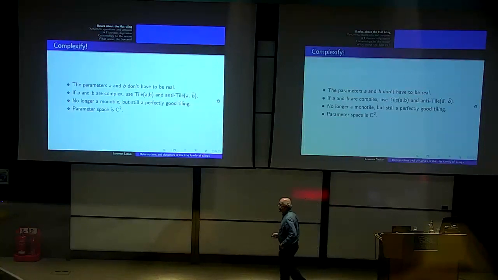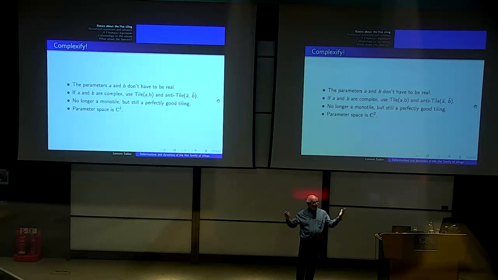Now there is one hitch there. If I use tile AB, then for the other-handedness, I can't use the reflection of tile AB. I have to use the reflection of tile A bar, B bar. And of course, if A and B are real, then you get the same tile up to reflection. It's a monotile, everybody's happy.